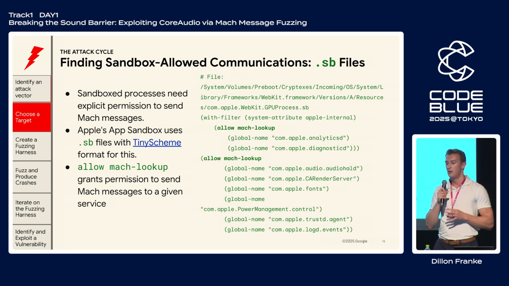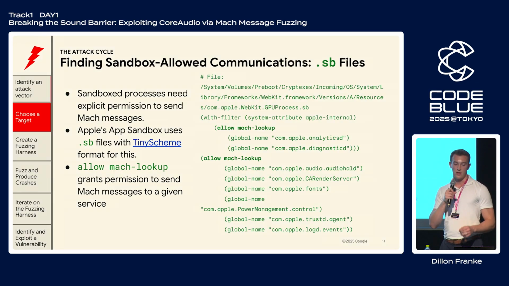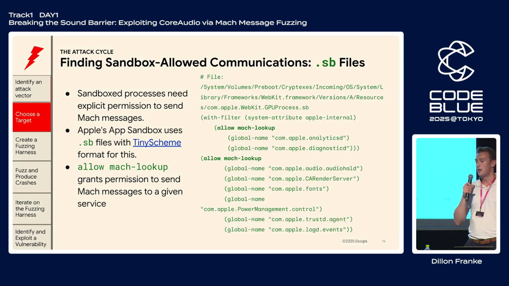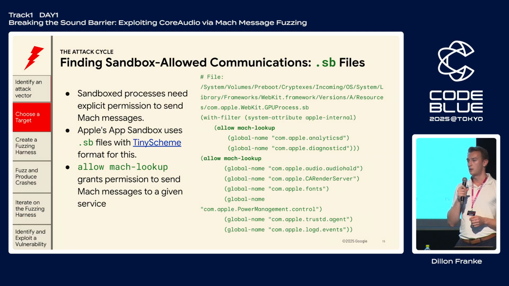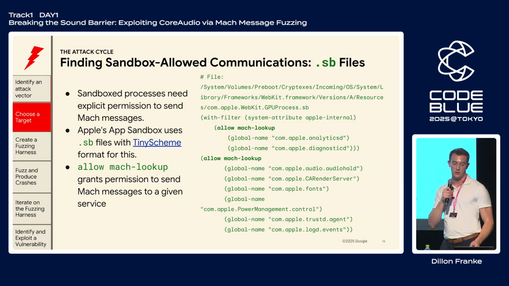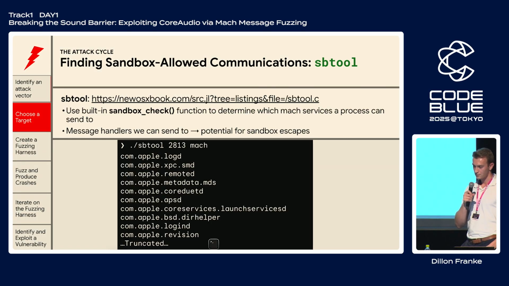These are written in TinyScheme format, and they basically specify all of the different Mach service names that a given process is allowed to communicate with. So here we have an example for the Safari WebKit GPU process. And as you can see here, it's specifying a few different Mach services that it can send messages to. So immediately these start to look like pretty interesting attack vectors to target.